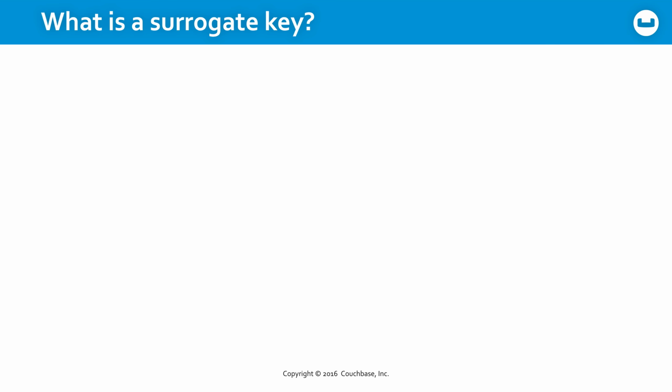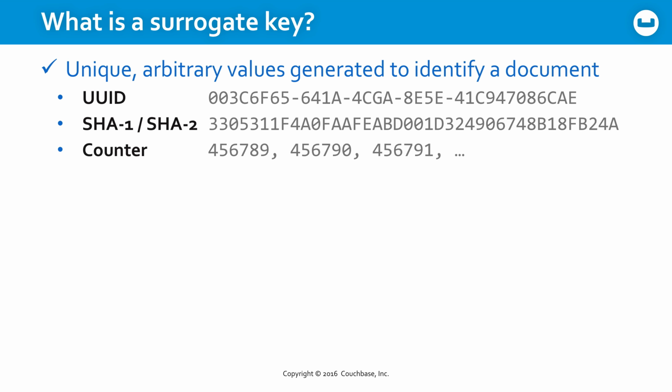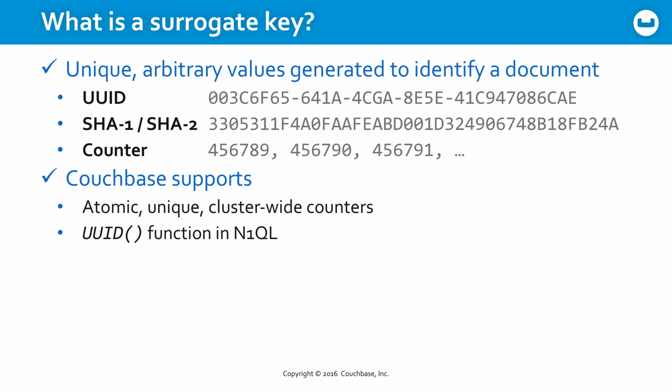So what then, by alternative, is a surrogate key? Well, surrogate keys are any unique arbitrary value that you generate as part of your system as a document identifier. Couchbase supports atomic, unique, cluster-wide counters if you need to have sequential numbers associated with your documents as part of the document ID.